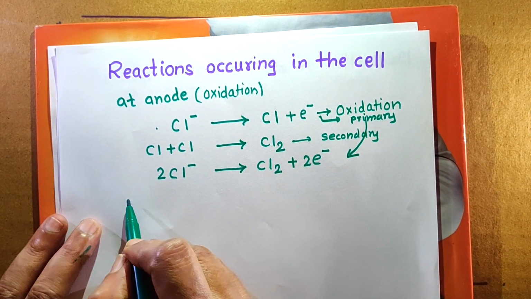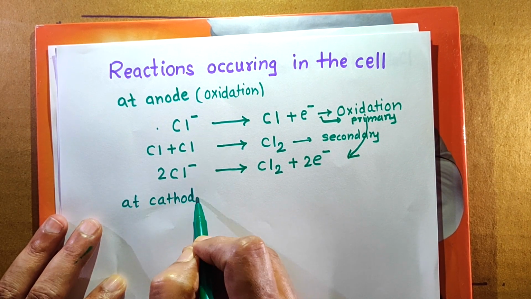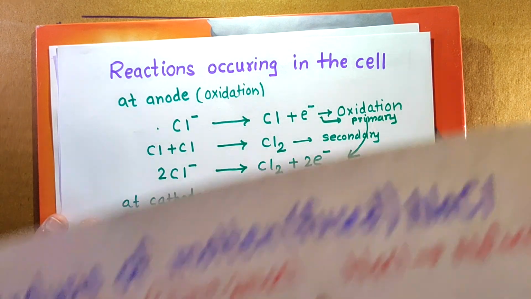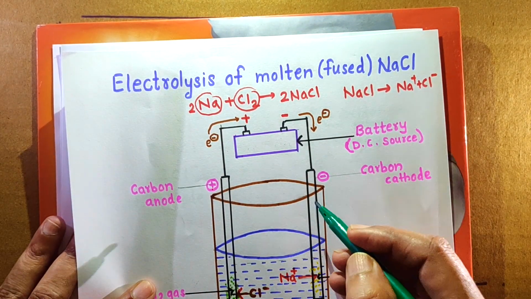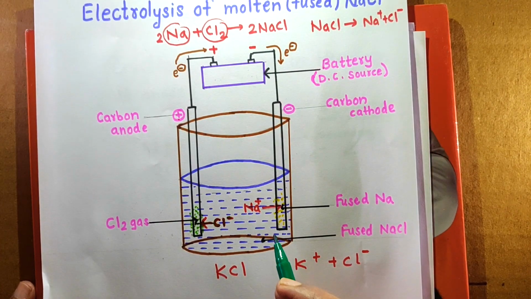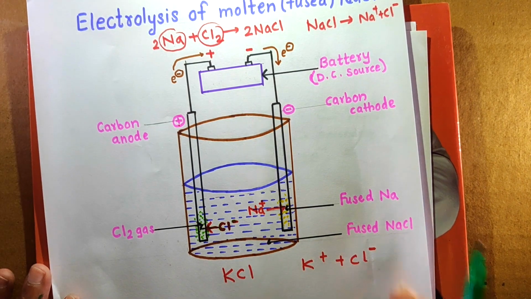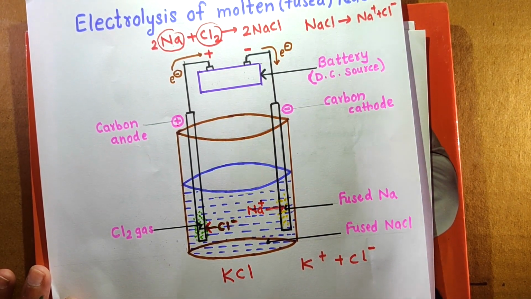Now at cathode. In this diagram we have said cathode is the negatively charged electrode, and at cathode what happens? Na plus ions are discharged. Na plus ions are attracted towards the cathode and they are discharged there. So which reaction will take place at cathode?